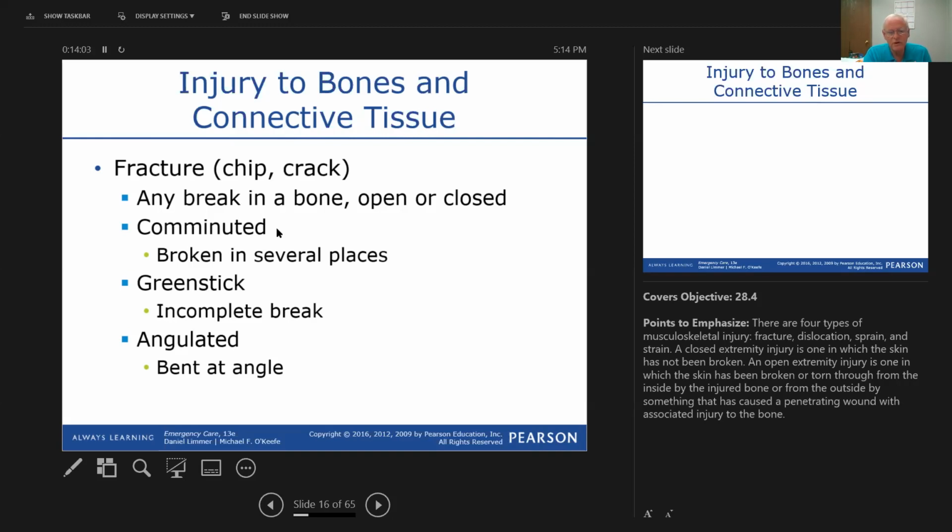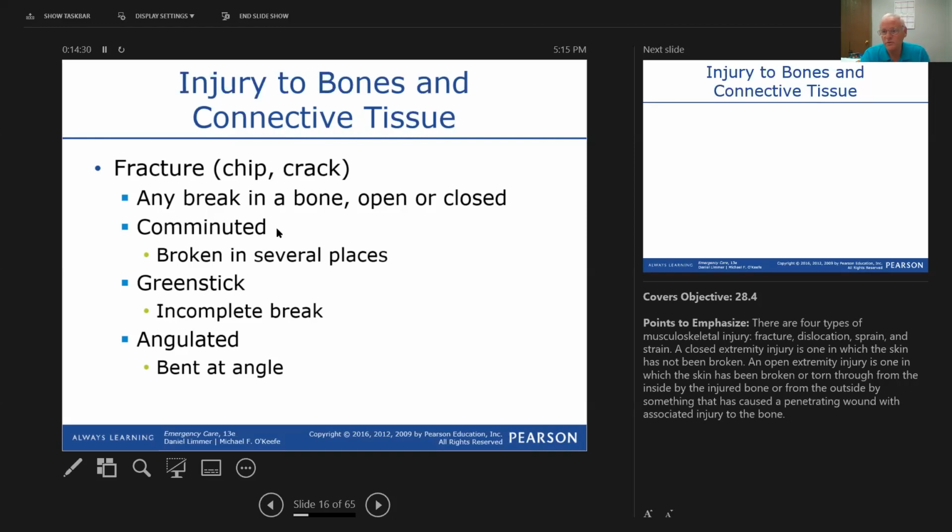Green stick is a type of fracture that children get because their bones are very pliable still. They don't have a lot of the calcium deposits in there like we do at our ages and your ages. So a green stick is just like it sounds. You take a green stick and you bend it, it frays, and then might even go back down, but it doesn't go all the way through. It's a partial fracture.